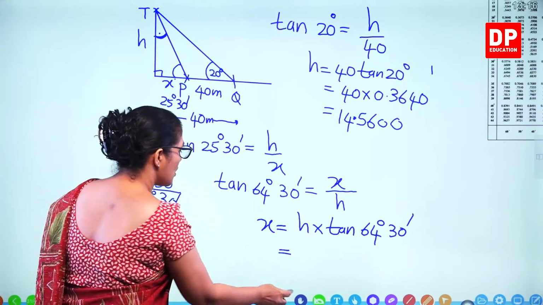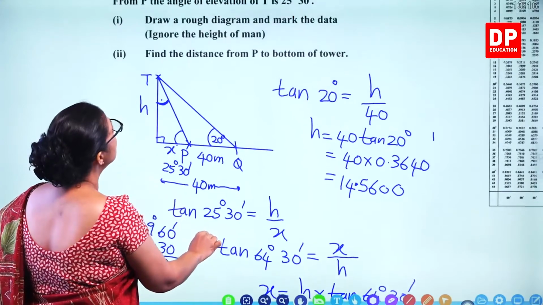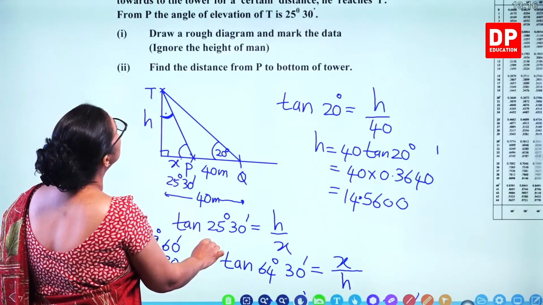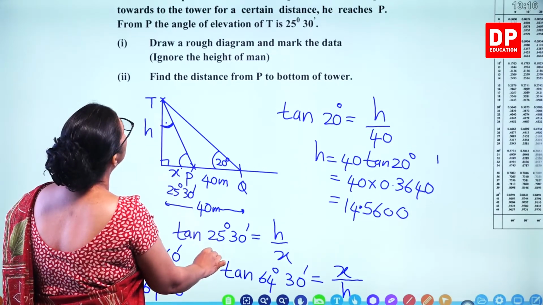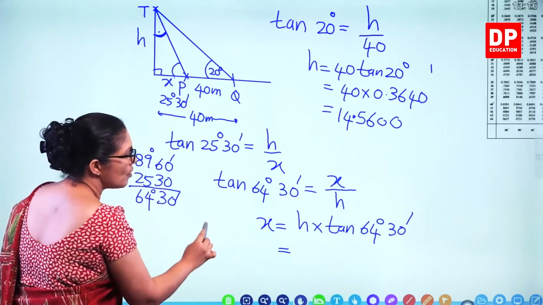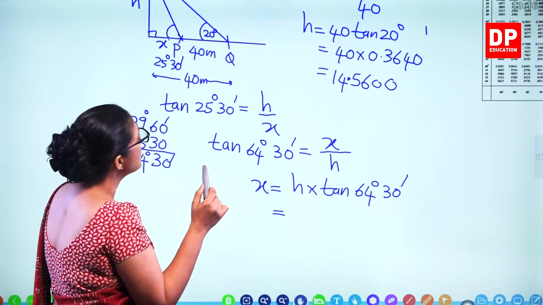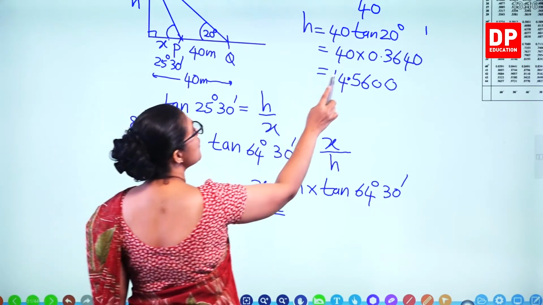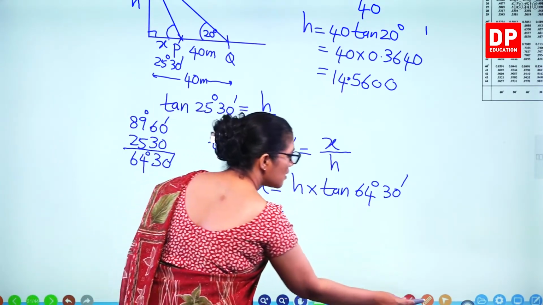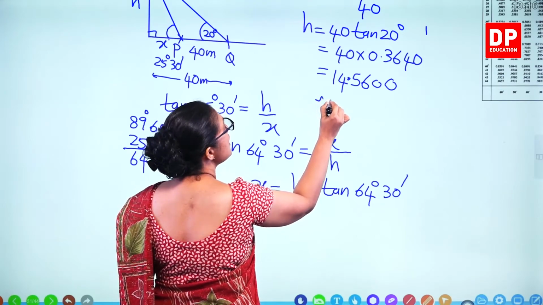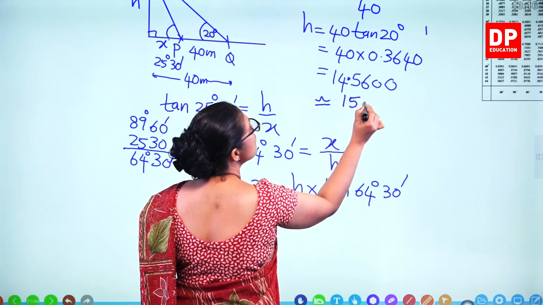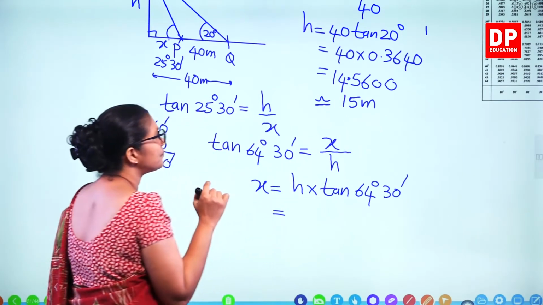So what is h? They want the distance, so not given to the whole number. So we'll multiply. If you take the whole number, that's 15. That's easy for us. So shall we take this is 15 and multiply? This is 15 meters.